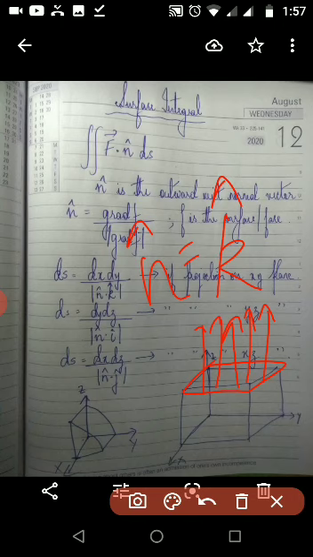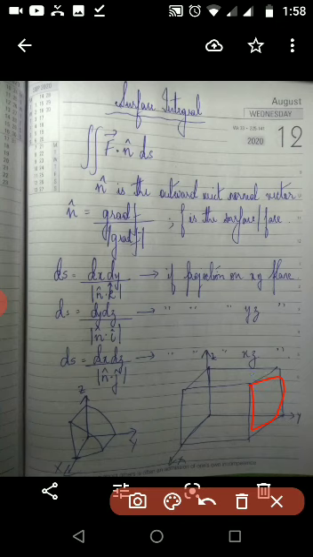So if you have a surface which is parallel to any other plane, for instance, this surface was parallel to the xy plane. This surface is parallel to the xz plane. Then you have this surface, or rather this surface, which is parallel to the yz plane.